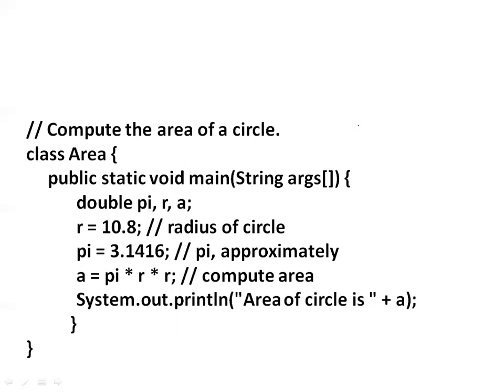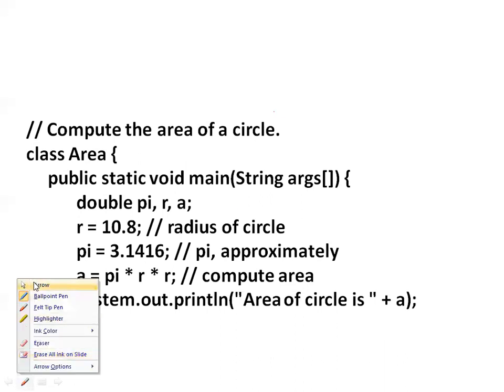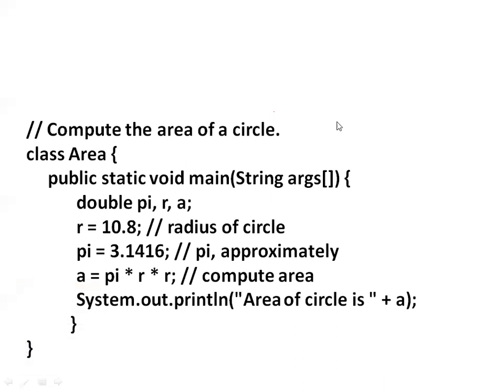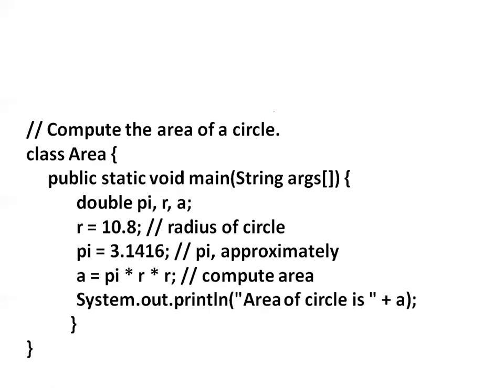Now, why have I taken the double type here? The float type also we can take. But a double type can store a more approximate value. So whenever there is a floating point number, it is better to take it as a double type.